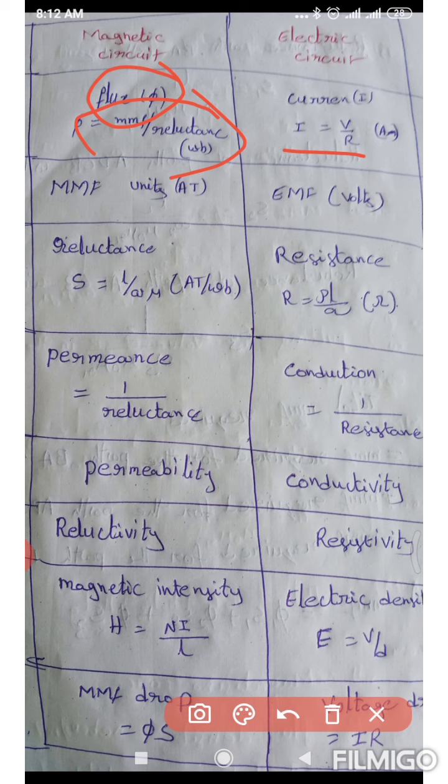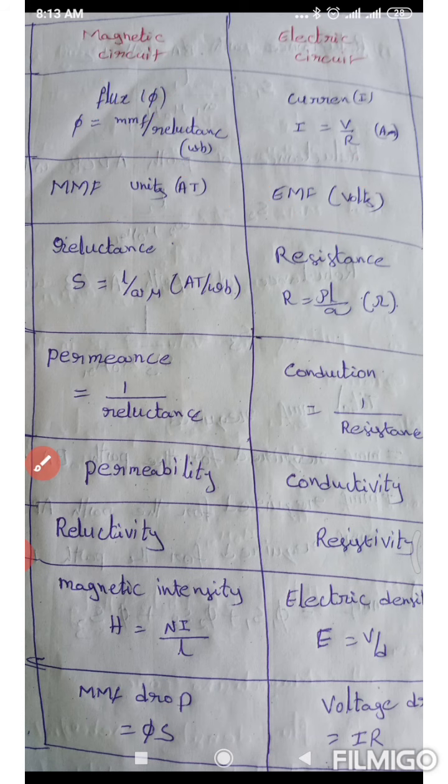Here, why we are using this formula is, in electrical circuits, voltage is equal to the mmf, and the unit of mmf is ampere turns. Similarly, in electrical circuit we use resistance, whose unit is ohms. In magnetic circuits, instead of resistance we use the name reluctance.